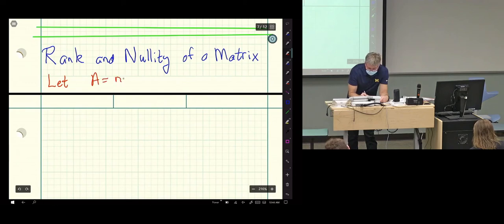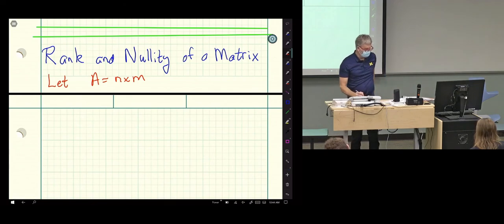So let A be our infamous rectangular matrix, n by m.